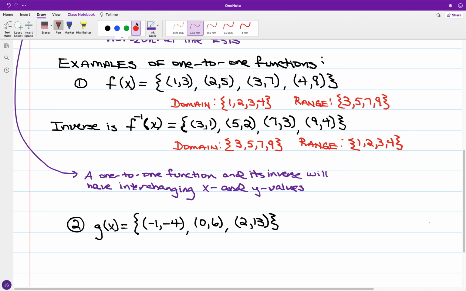So for this function, for the domain, we got -1, 0, and 2. As for what we have in the case of the range, we have -4, 6, and 13.